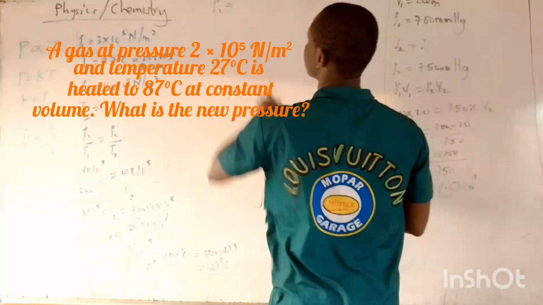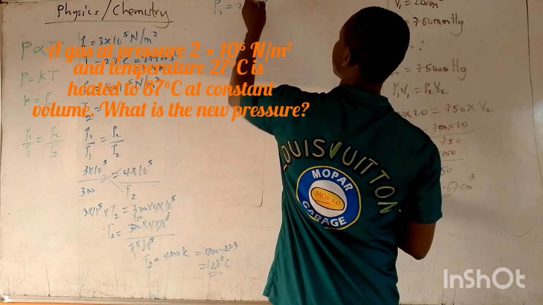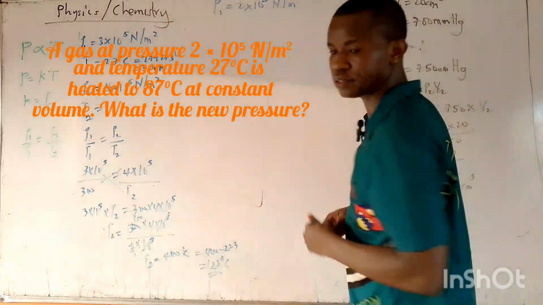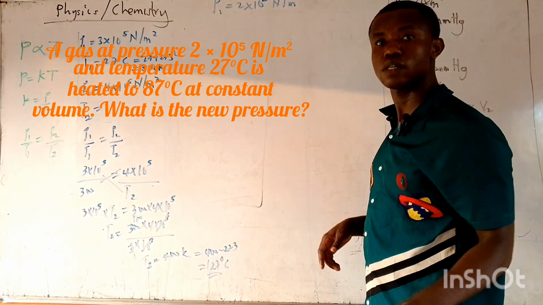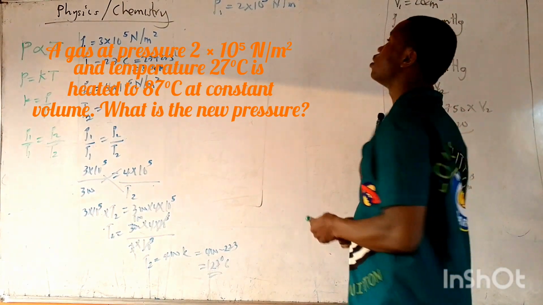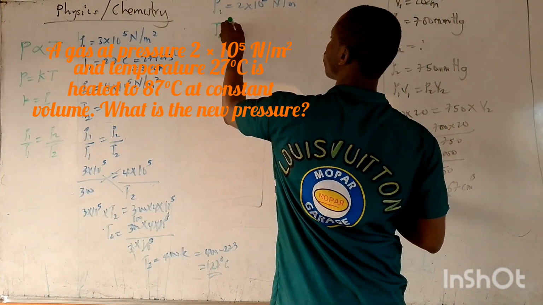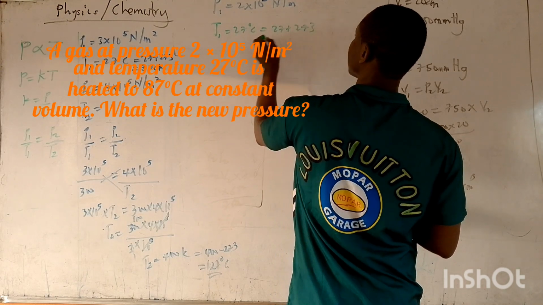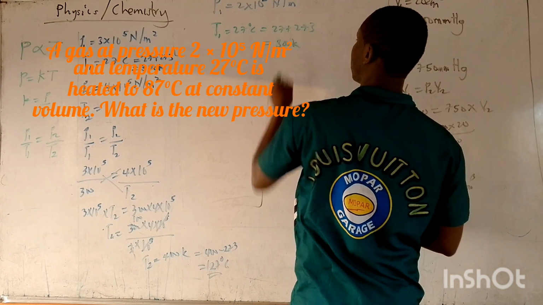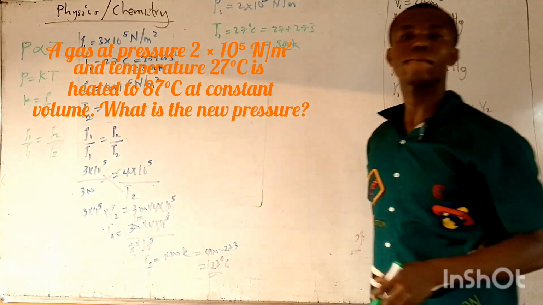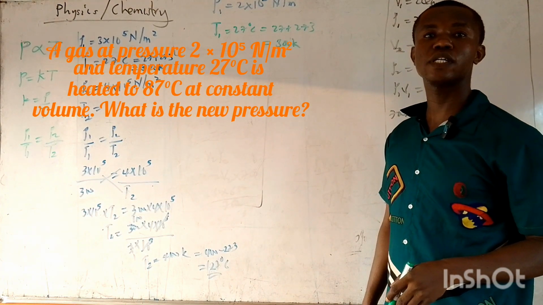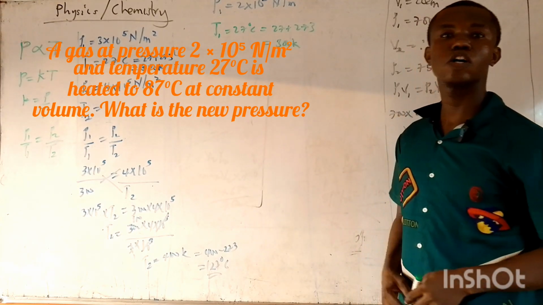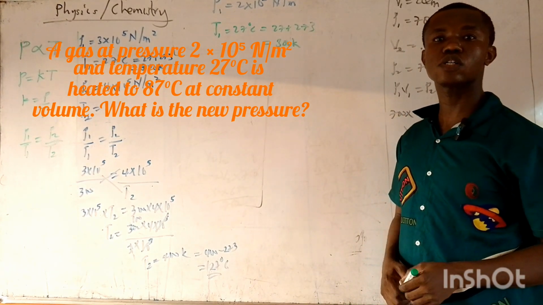P1 is 2 times 10 raised to the power 5 Newton per meter square. T1 is 27 degrees Celsius, right? Which will be 27 plus 273, which gives us 300 Kelvin. What will be the pressure at the new temperature?